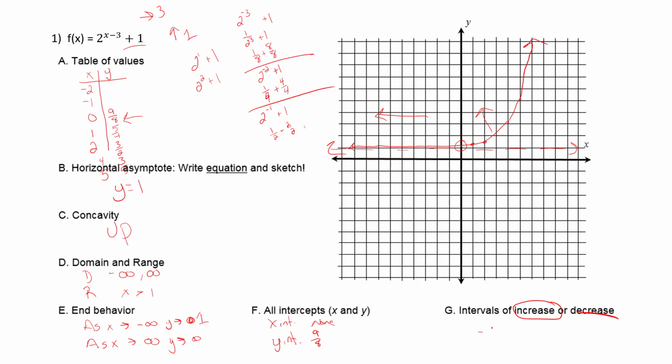But again, we can put any x value in, and we're going to constantly get values of y that are closer and closer and closer to 1. So it starts increasing at negative infinity. When does it stop increasing? It's going to get steeper and steeper, but it's going to increase forever and ever. These are your typical characteristics of exponential functions.